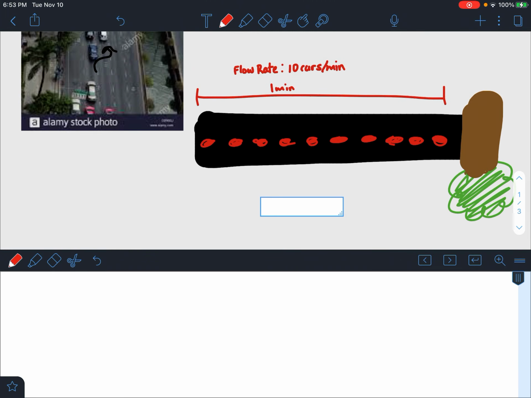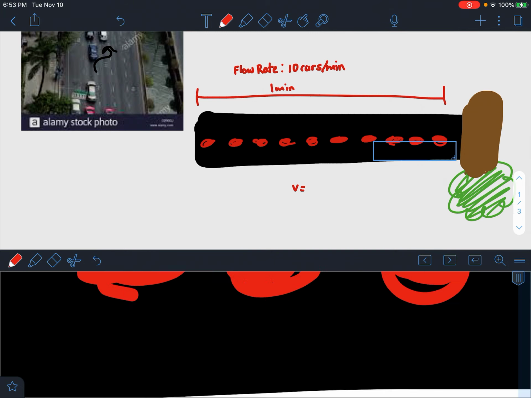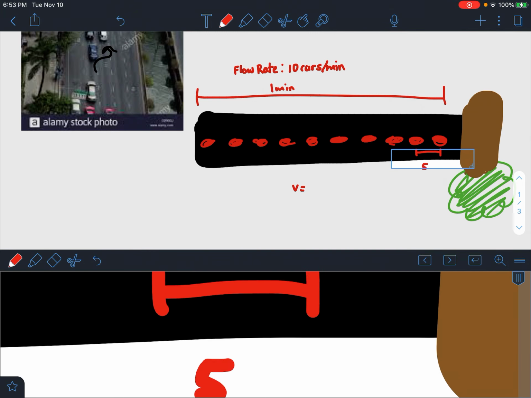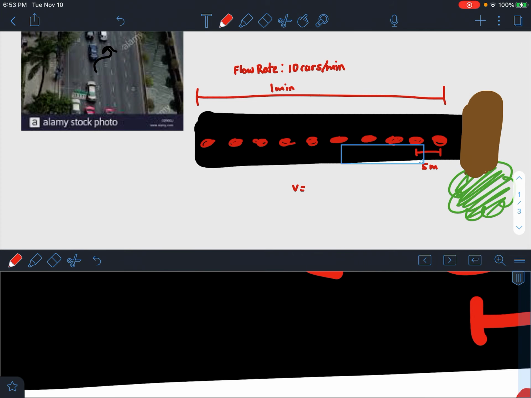We can see that the physical line of cars is increasing, so we have a velocity here too. Let's say the distance between the cars is 5 meters apart, from this one right here to here.